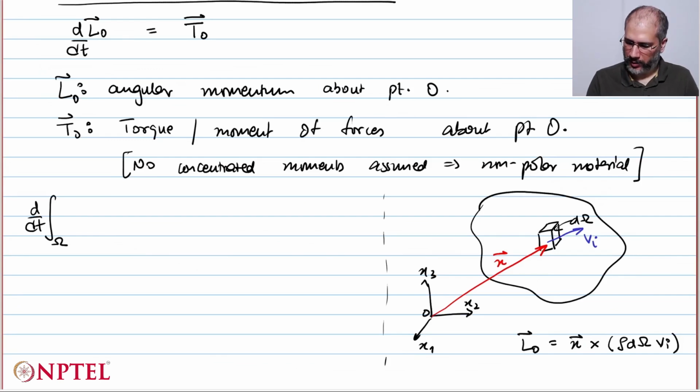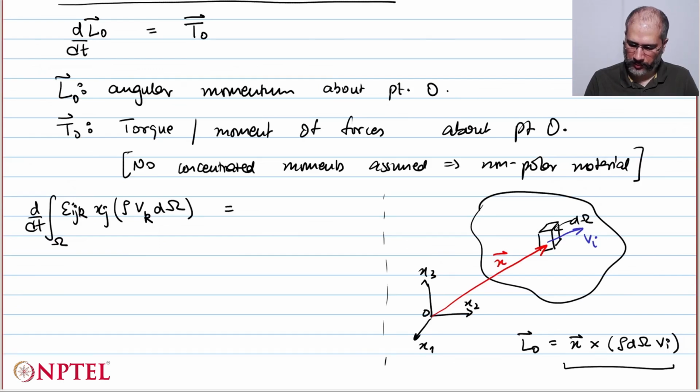So the cross product here can be written as epsilon ijk xj times rho vk times d omega. So this complete is our infinitesimal linear momentum.